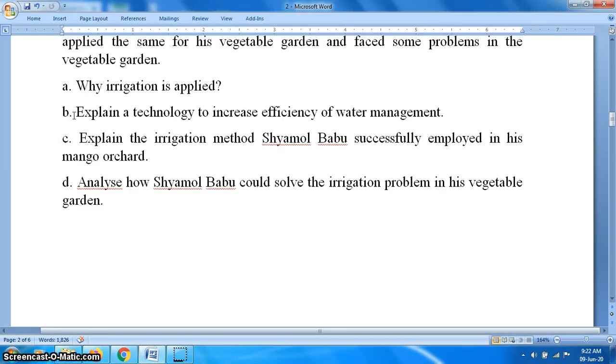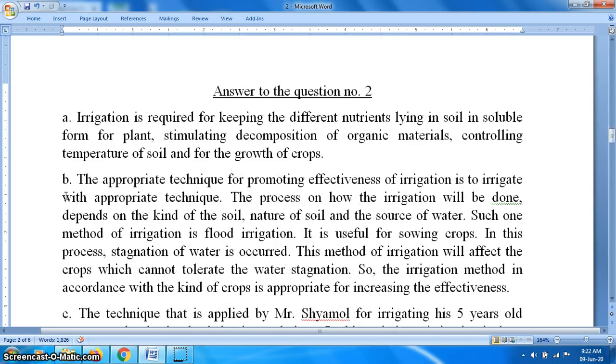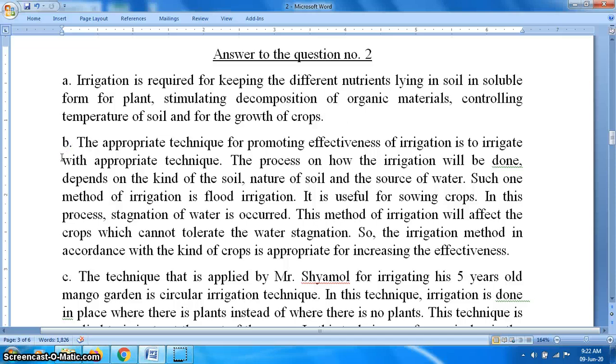Now question B. Explain a technology to increase efficacy of water management. The appropriate technique for promoting effectiveness of irrigation is to irrigate with appropriate technology.